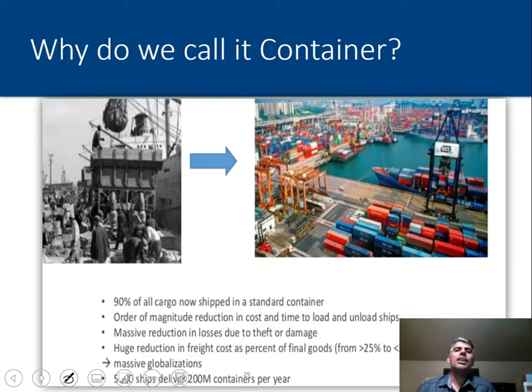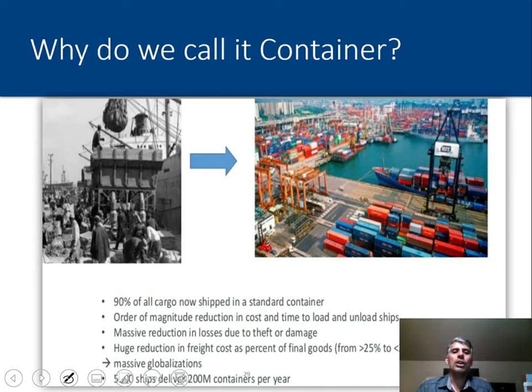A little bit about the nomenclature of container, where the word container comes from. You can imagine an old shipping style in which goods were carried in a bulk way and without any container. Of course, in this way, there were a lot of problems.